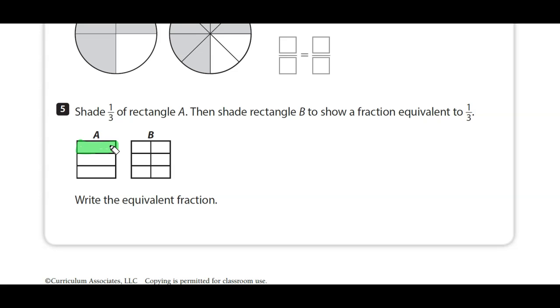So on rectangle B, how many am I going to shade in? I need to shade rectangle B for it to look like this. If I do 3, it looks like that. Does that look like A? No.